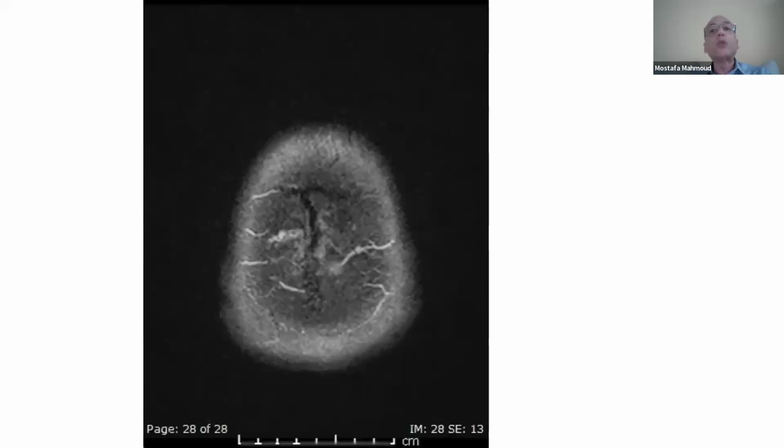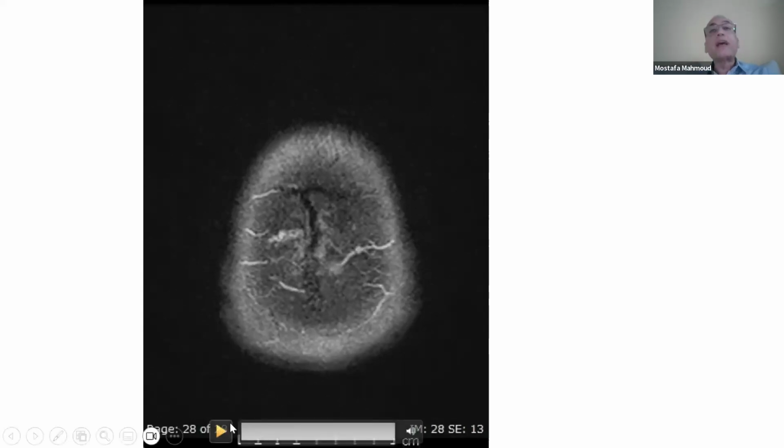Those patients will never be in need of a hemicraniectomy. And the prognosis, this patient recovered after 2 days. He was capable of lifting his arm and leg against gravity.